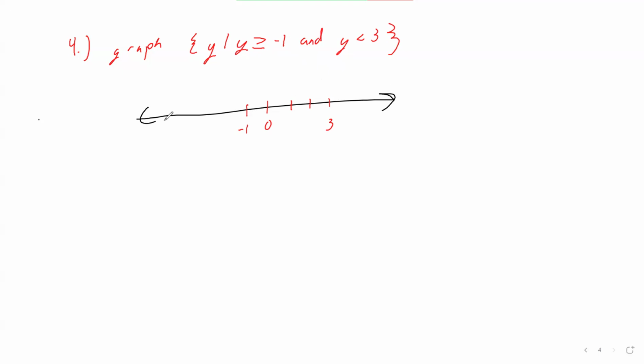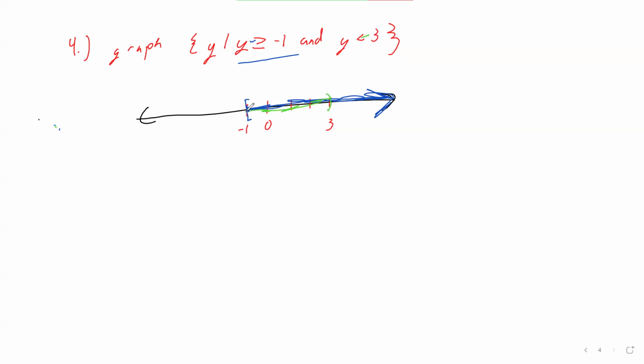So what we've learned so far is -1 has a bracket, and then it's pointed in the right direction. So this will be a bracket, and I would shade this direction. So that's what this would be. And then, maybe a different green, I do 3, which is a parenthesis shaded in this direction.